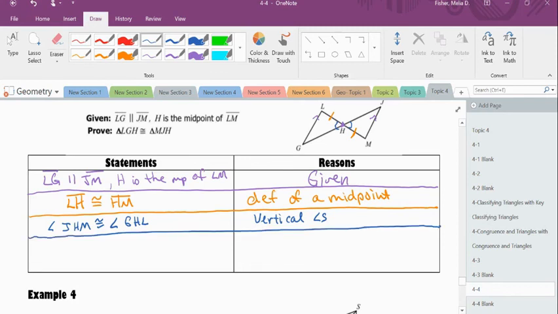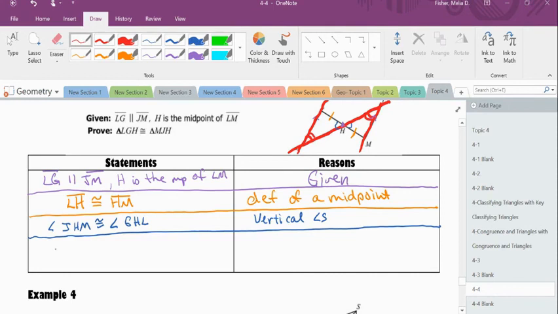And then I'm going to need to use the idea that these are parallel lines. We're going to use that these two are parallel lines being cut by this transversal to identify that this angle and this angle are congruent.